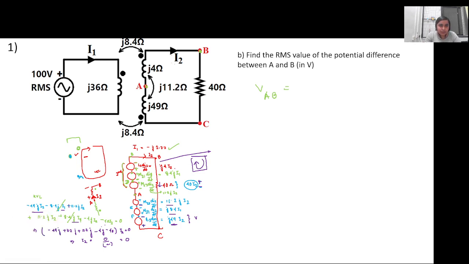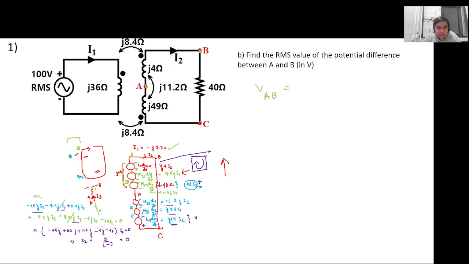So VAB will be, if we move along this particular direction, it will be 0. No, ma'am, it is 23.268, because there will be some I1 term here, so it can't be 0. So whoever has calculated, will start doing it.